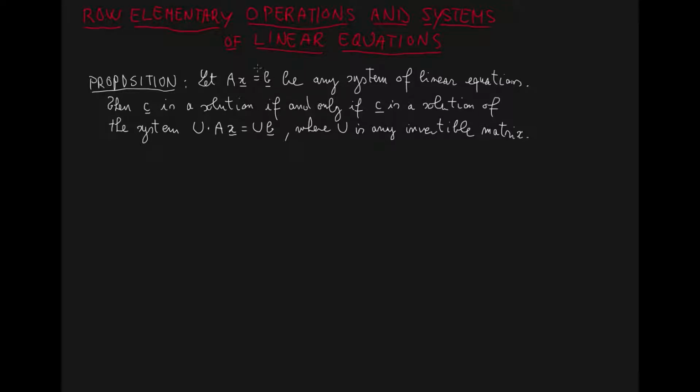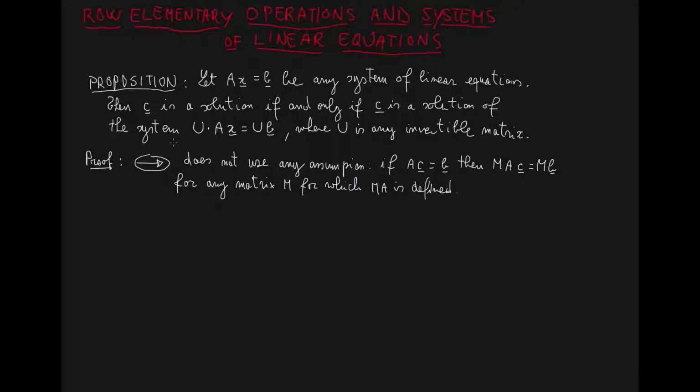So basically we take this equality and multiply on the left by the matrix U, where U is any invertible matrix. The proposition says that the solutions of these two systems are exactly the same. The "if and only if" has two implications.